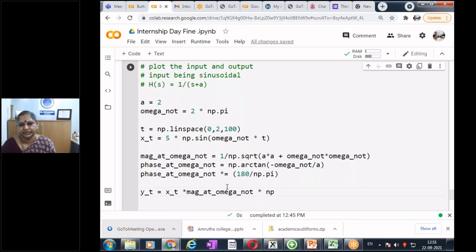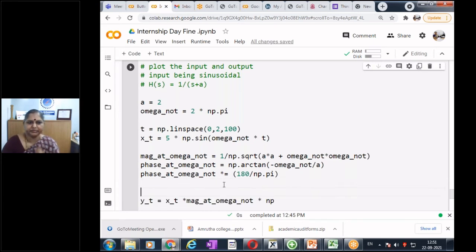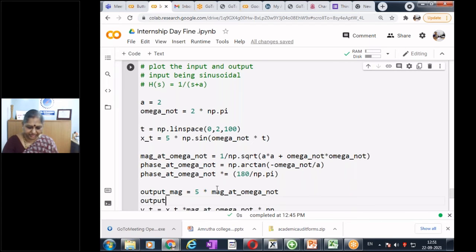Let me put my output magnitude. It is 5 into the magnitude at omega naught. And how about the output phase?